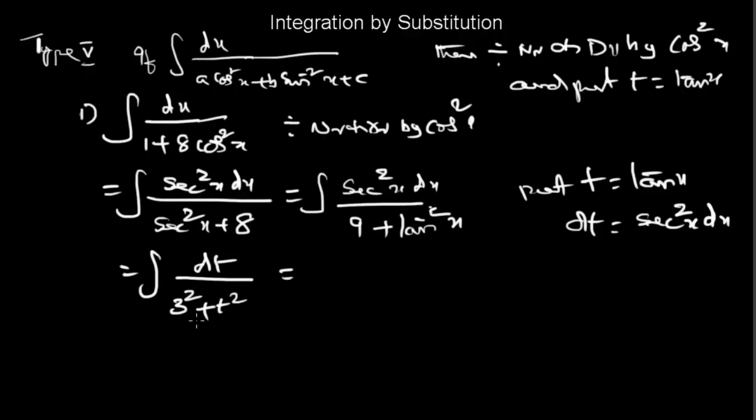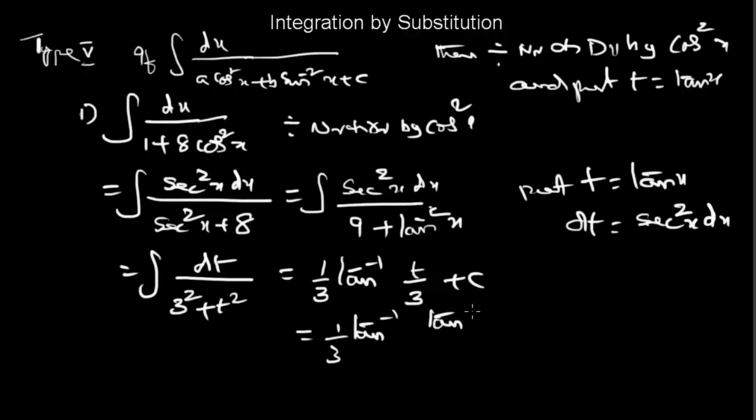It is the type denominator a squared plus x squared, 1 by a tan inverse x by a. So 1 by 3 tan inverse t by 3 plus c, and that is nothing but 1 by 3 tan inverse, substituting the t value, tan x by 3, bracket close, plus c.